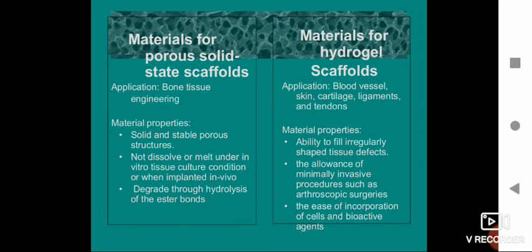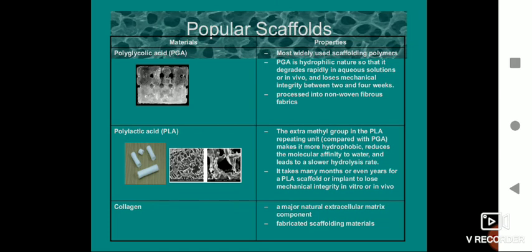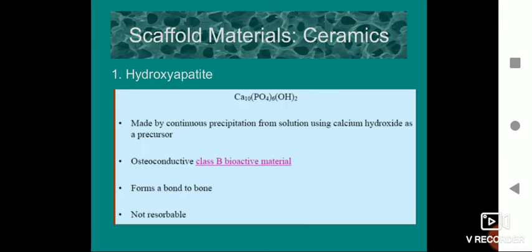Applications of various porous solid state scaffolds: bone tissue engineering, blood vessels, skin, cartilage, ligament, etc. These are some of the popular scaffolds: polyglycolic acid or PGA, then PLA and collagen, and the properties they have.